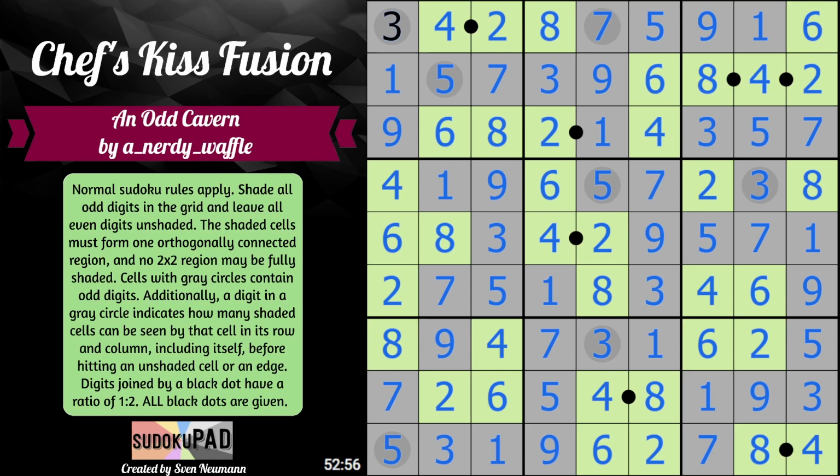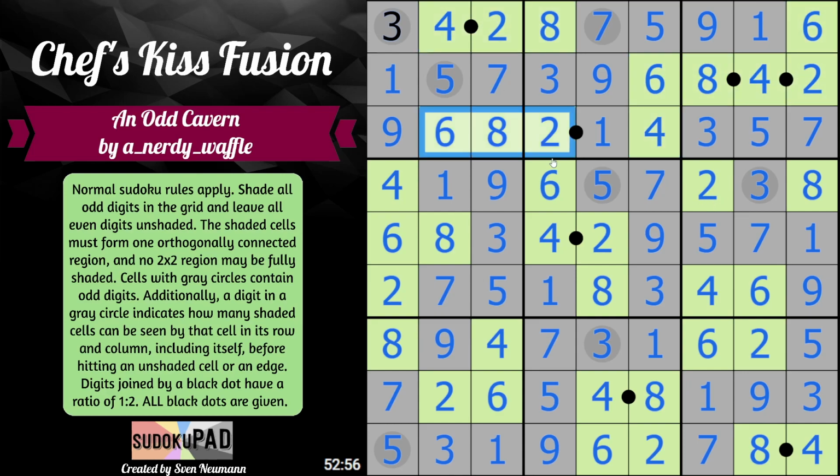A rule set I hadn't seen before, the cave rule set, which was very similar to a yin yang set, except for the fact that we don't care about greens being orthogonally connected. In a yin yang rule set, your shaded and your unshaded cells create sets of orthogonally connected digits. But in this case, we didn't care about the green.